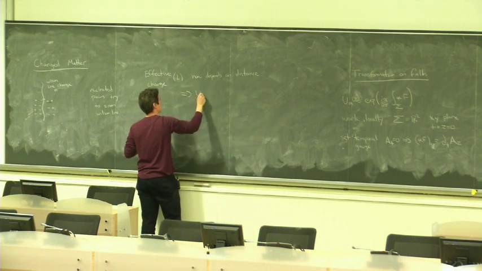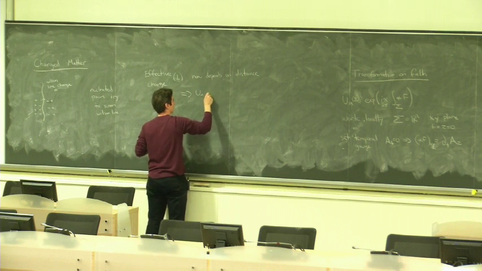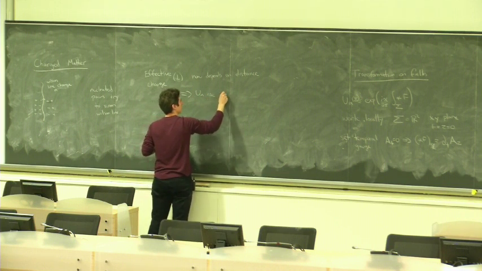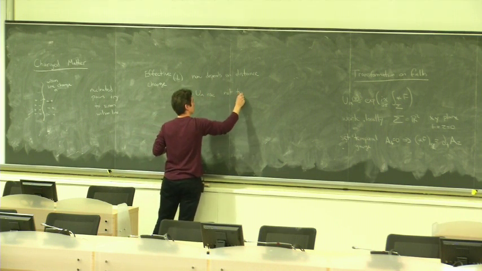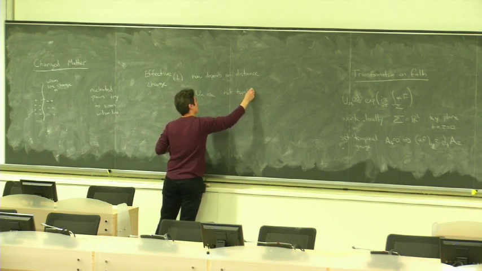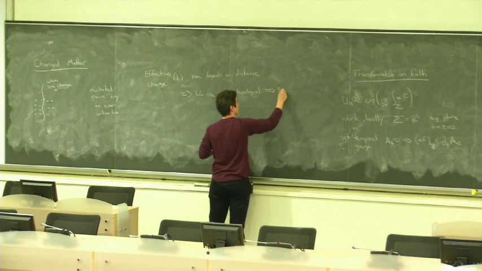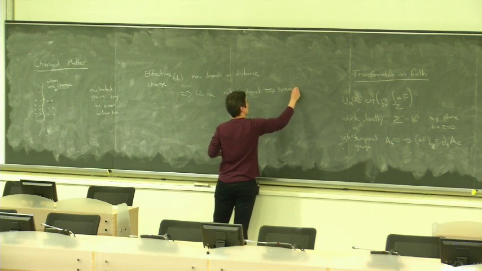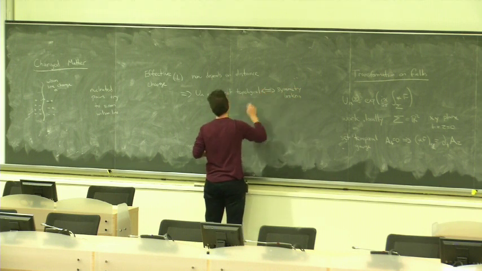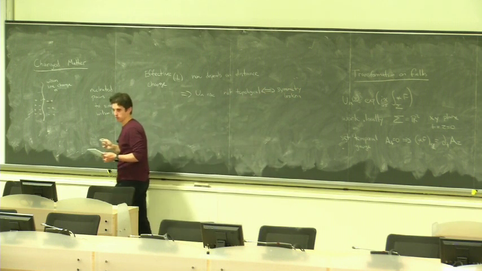So this implies U alpha, the electric one, is not topological. So we would say that the symmetry is broken. So charged matter can break this one-form symmetry.